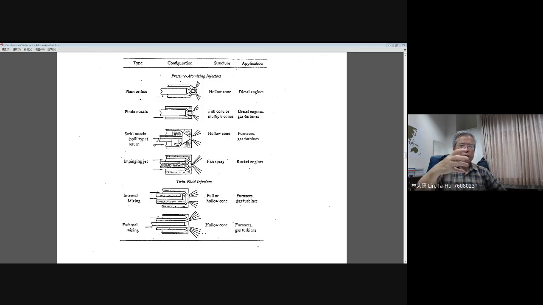When the liquid fuel has circulation inside the chamber of the injector, then as it moves out, it will produce a centrifugal force to push your spray to have a radial expansion. Then the spray cone will be expanded, and they will produce a so-called hollow cone. The flow structure, I will use one of the figures to let you know the detailed structure later on.